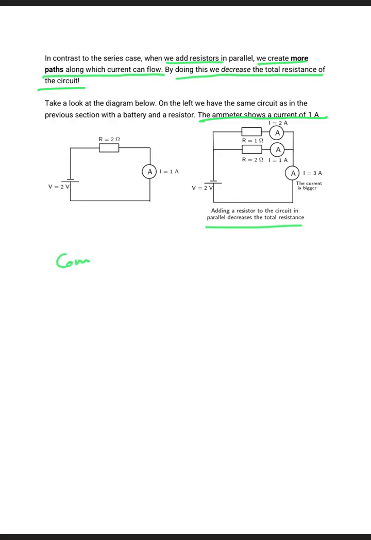So components connected in parallel always have the same voltage.